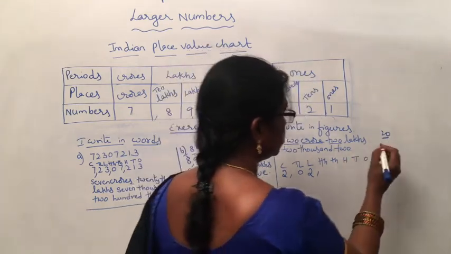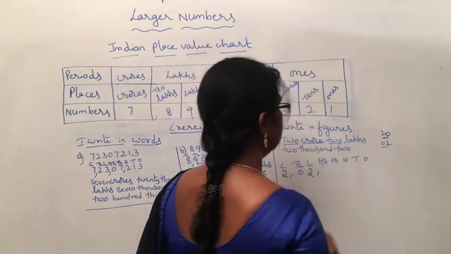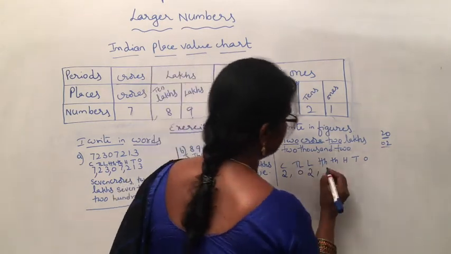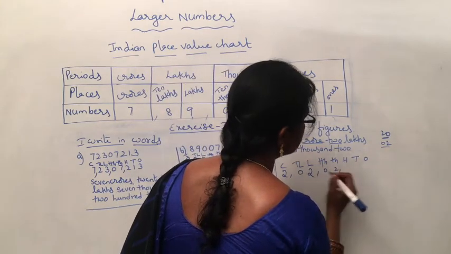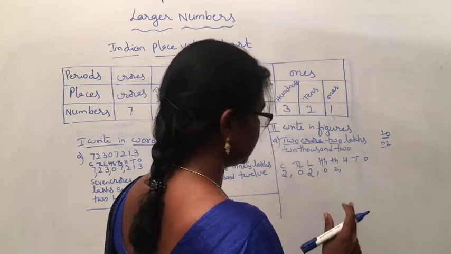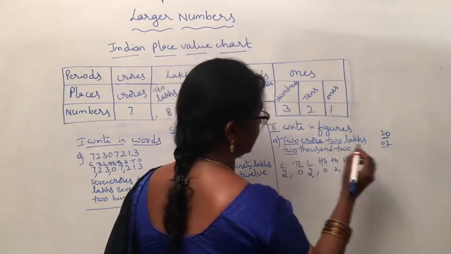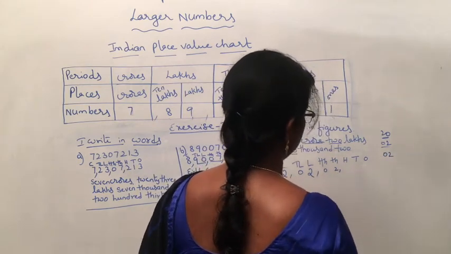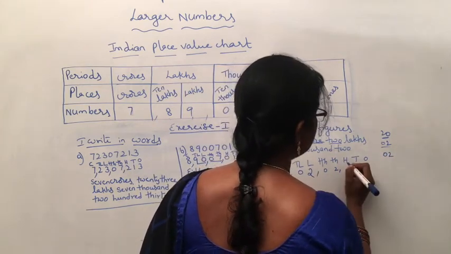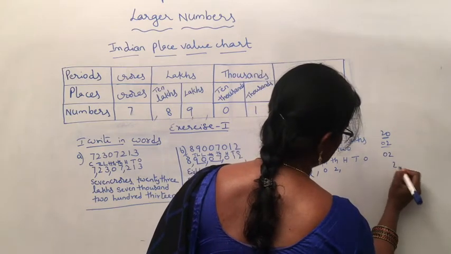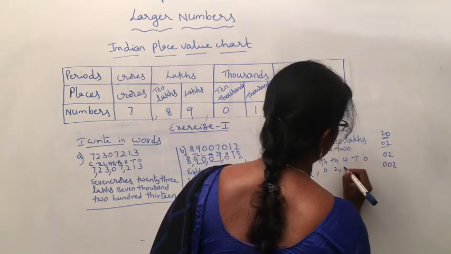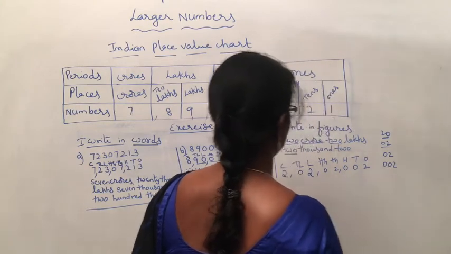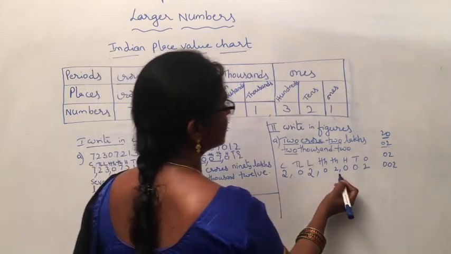Then 2,000, again 02, because in the thousands period 2 places are there, but here only 1 digit. Next 2 is there, but here 3 places are there. Then 2, 0, 0 means hundreds place 0, tens place 0 and ones place 0. Now 2 crore, 2 lakhs, 2,002.